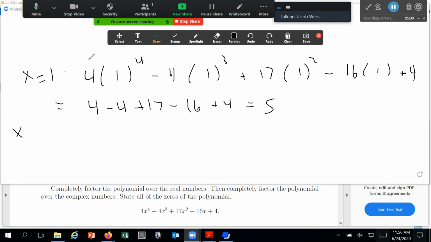If we try x equals -1, actually, I did this for a reason. Up here, if we plug in, this would be -1 here, -1 here, -1 here, and -1 here. So -1 to the 4th is +1 times 4 is 4. -1 to the 3rd is -1 times -4 is +4, plus -1 squared is +1 times 17 is positive. -1 times -16 is +16, and then +4.